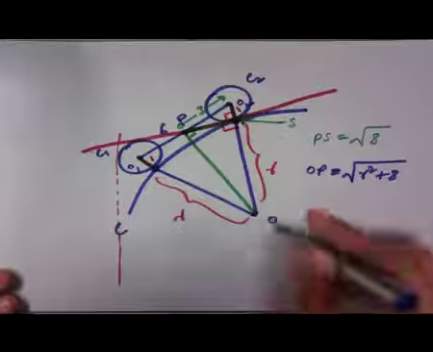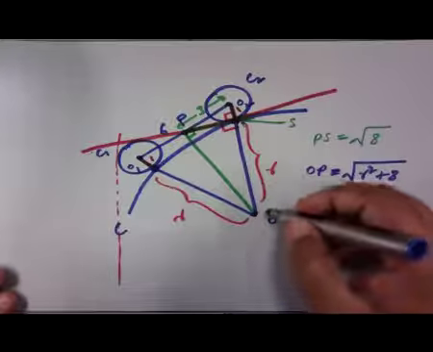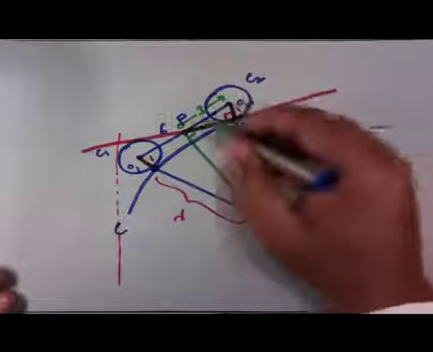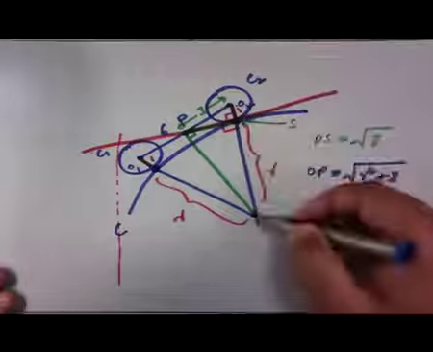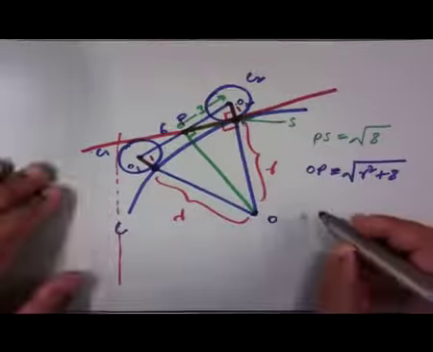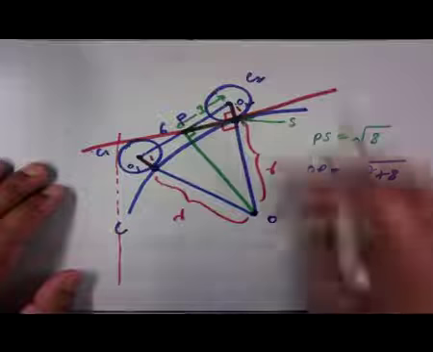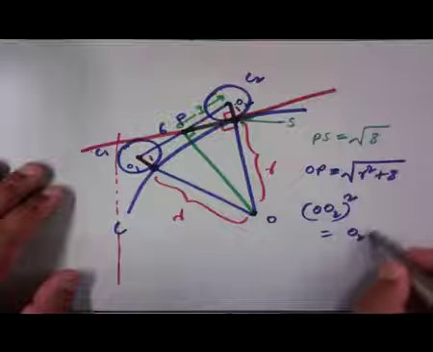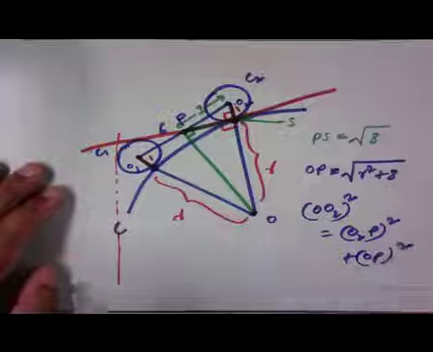Now, going back, considering the right angle triangle OPO2, which is this right angle triangle OPO2, we see that OO2 square is equal to, because this is the hypotenuse, O2P square plus OP square.